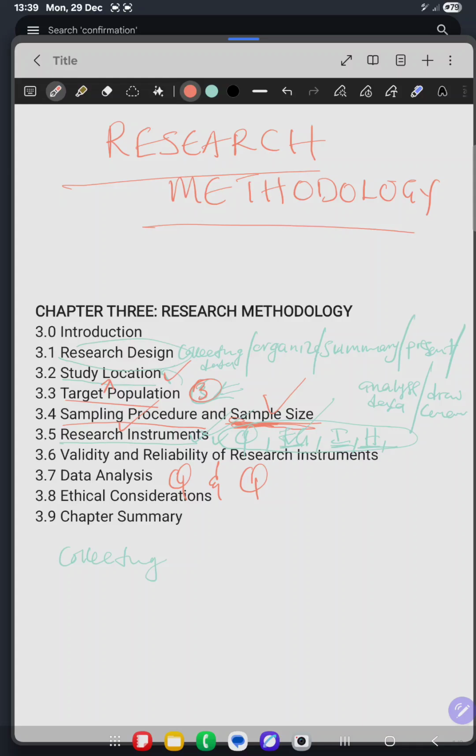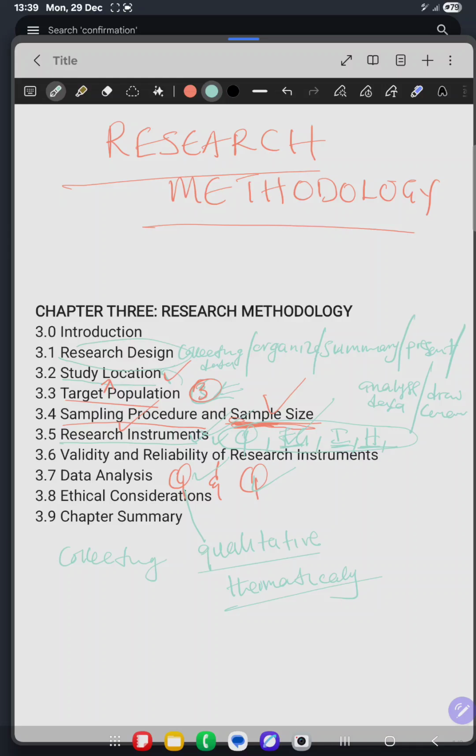Now, these two types of data collected are analyzed in two different ways. If you are dealing with data which is qualitative, mostly in research, it is analyzed thematically. So what do we mean by thematically?